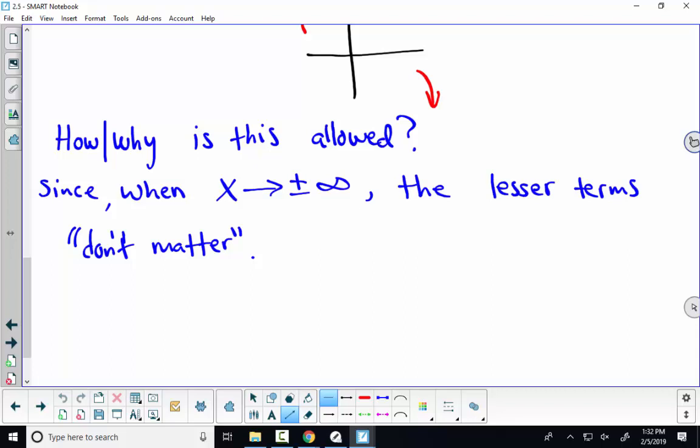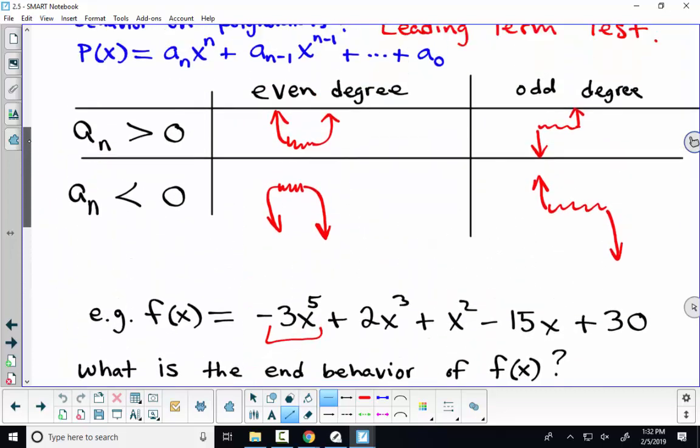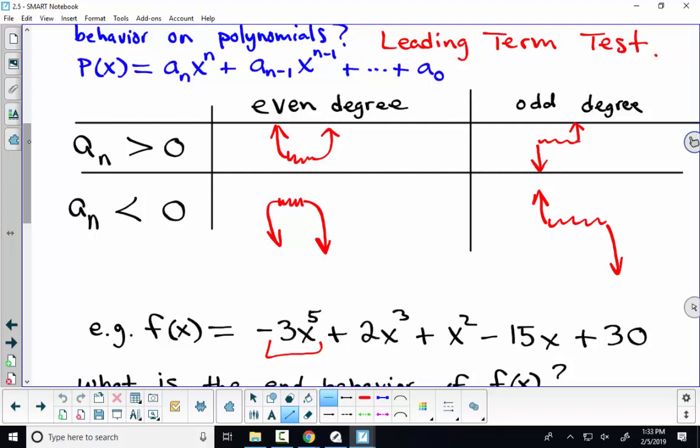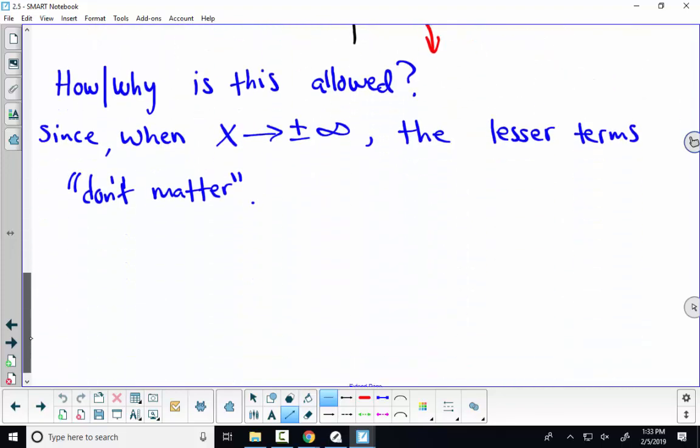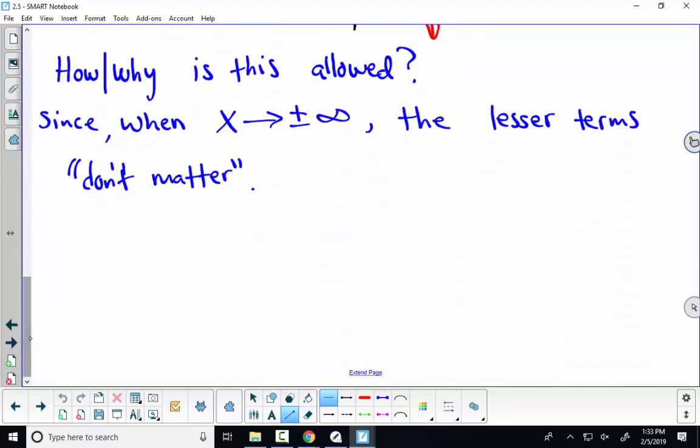In reality, you have computed limits at infinity before. In previous courses, when they said, determine the end behavior of this polynomial, you computed a limit at infinity in your head via this chart right here. So you have already done it, it's just that we haven't put a formality to it or the proper notation.